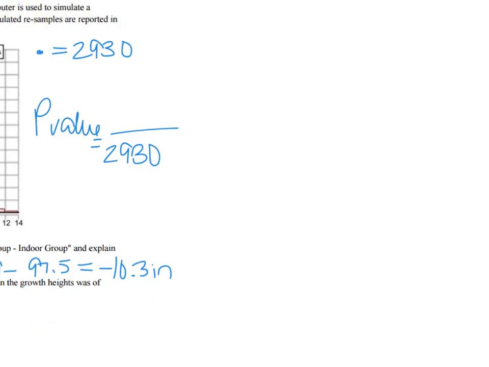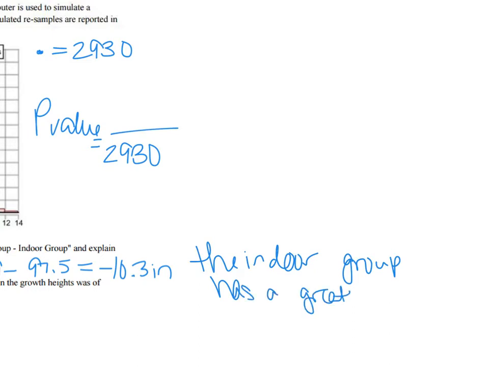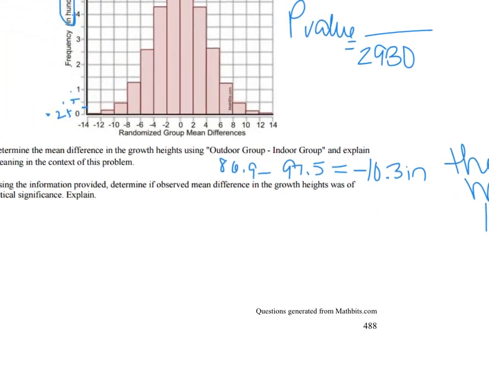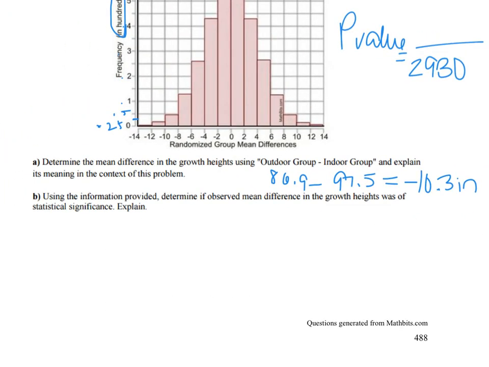I'm going to move it over here. Sorry, I can't fit there. So we're going to state that the indoor group has a greater mean by 10.3 inches. That's it.